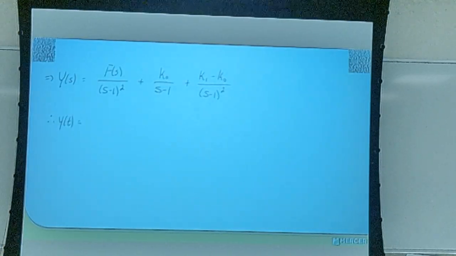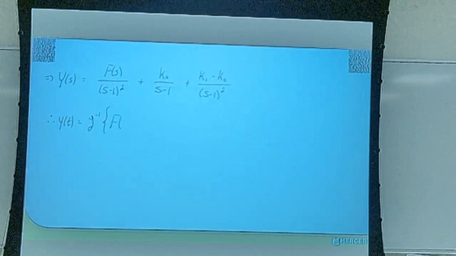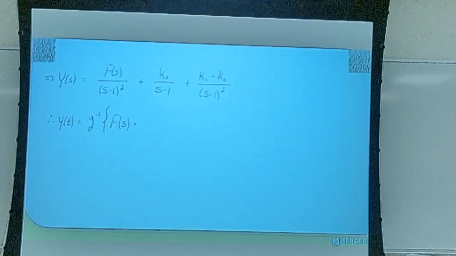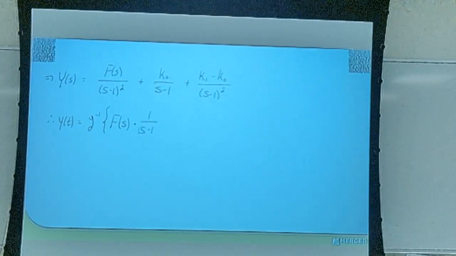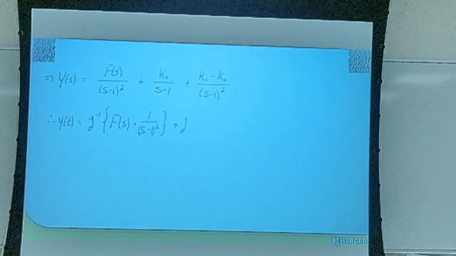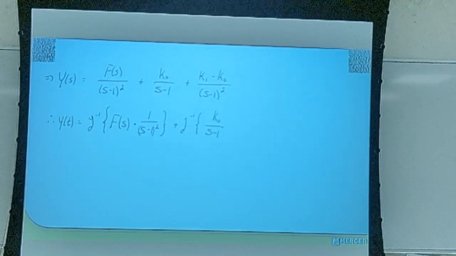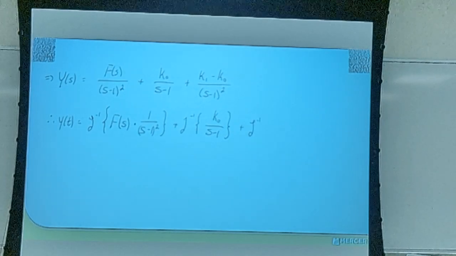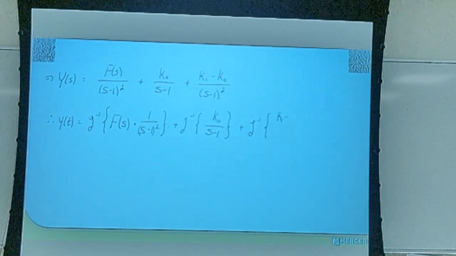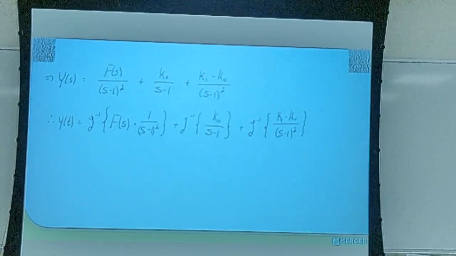Y of t is then the inverse transform. I'm going to write it this way: F of s times 1 over s minus 1 squared, plus the inverse transform of k naught over s minus 1, plus the inverse transform of k1 minus k naught all over s minus 1 squared.